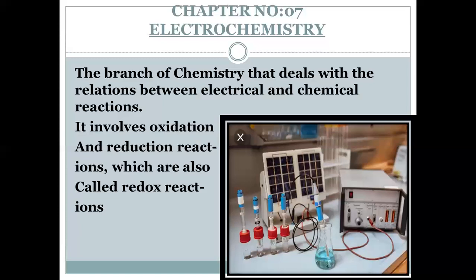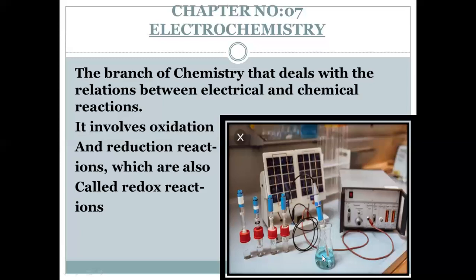Electrochemistry is the branch of chemistry that deals with the relation between electrical and chemical reactions. In the image, you can see that a chemical reaction can produce electric current. So it means that chemical energy can be converted into electrical energy, or electrical energy can be converted into chemical energy.